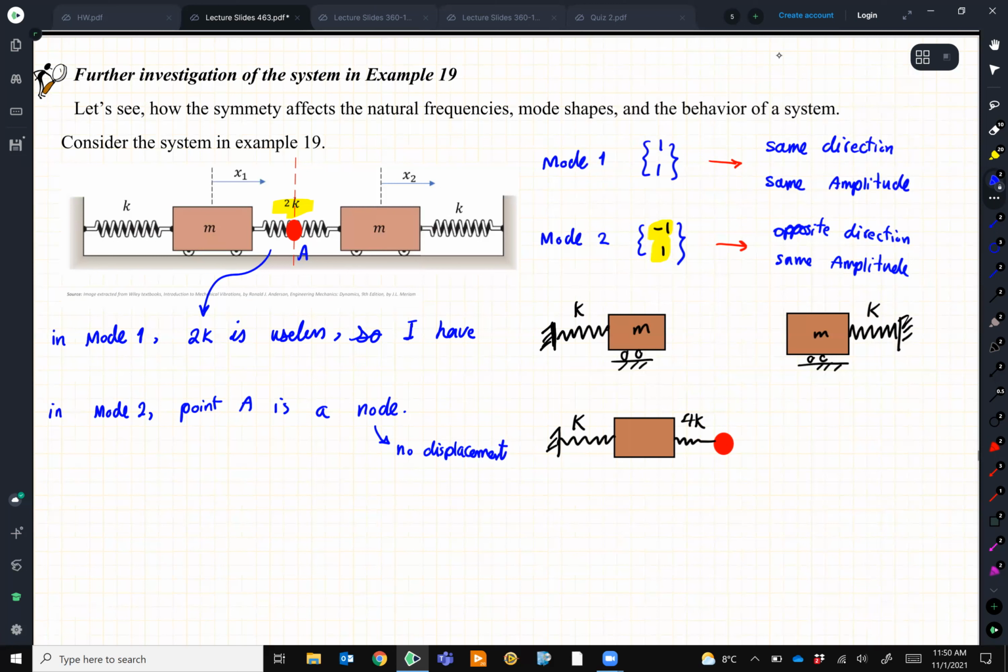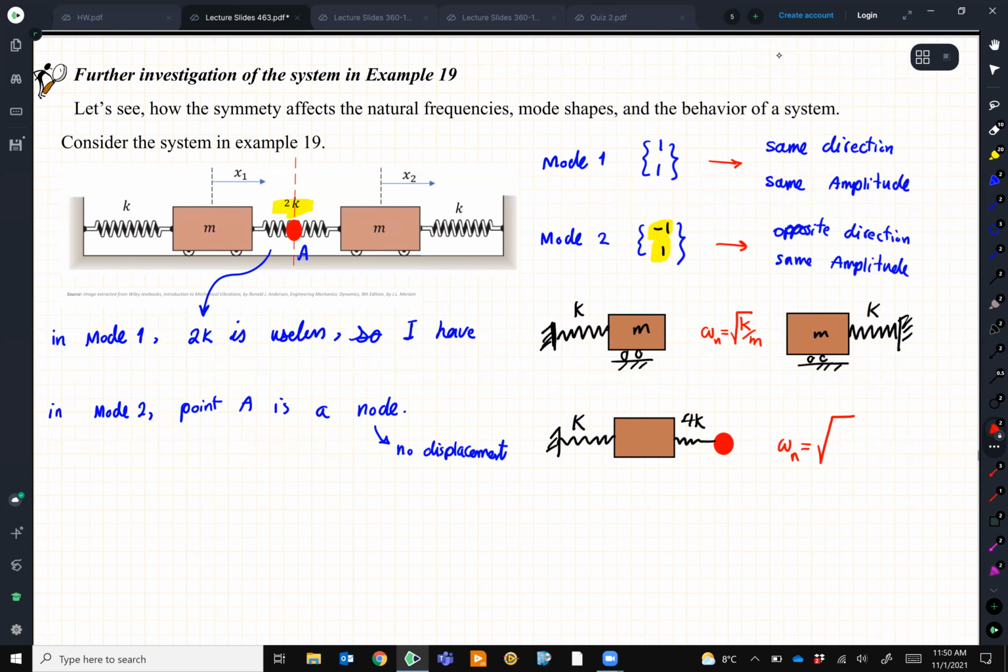All right. In sentence, we used the mode shapes and we managed to convert a 2 degree of freedom system to 2 independent 1 degree of freedom systems. This is a 1 degree of freedom system, and what is its natural frequency? K over M. This one, what is its natural frequency? 4K, 1K, they are parallel. Same displacement.